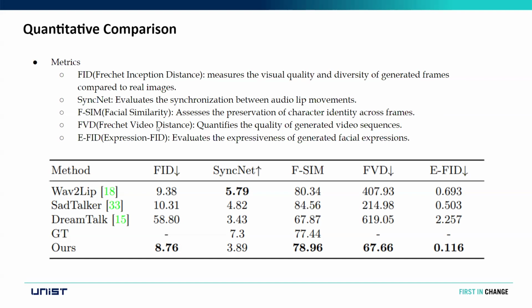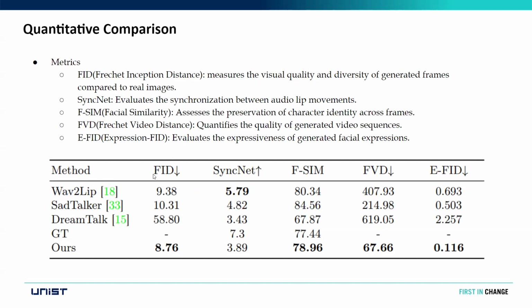And Frechet Video Distance, I think this is just a generalization of Frechet Inception Distance, but I don't know how it works. And the FEFI, expression Frechet Inception Distance, evaluates the expressiveness of generated facial expression.